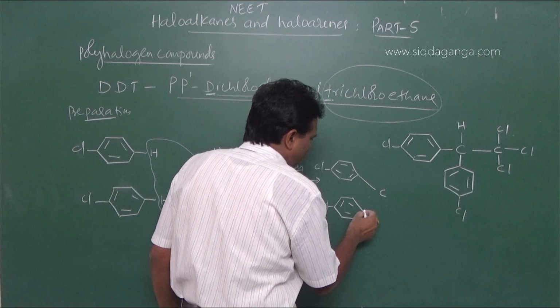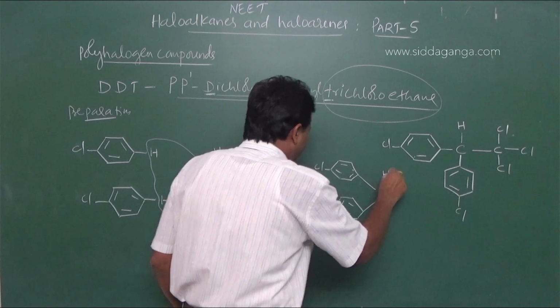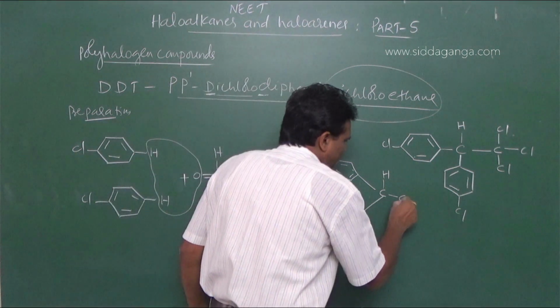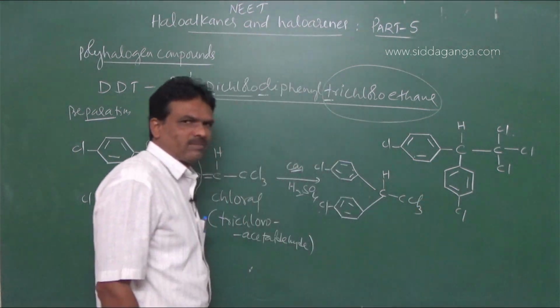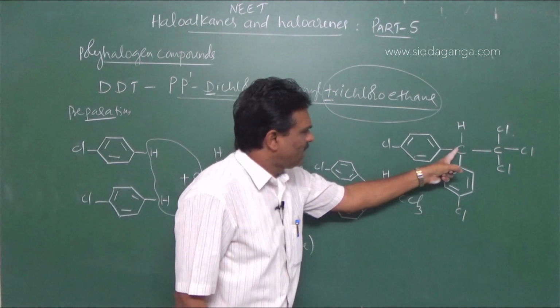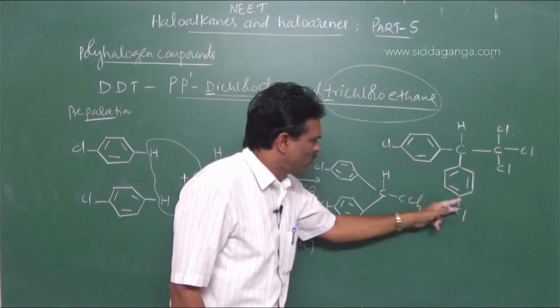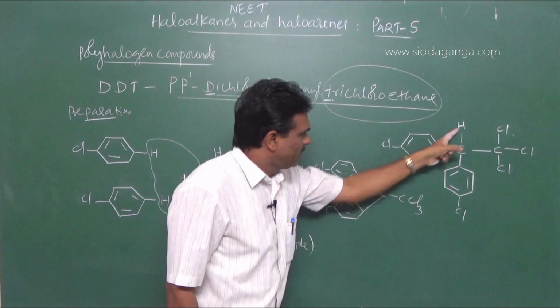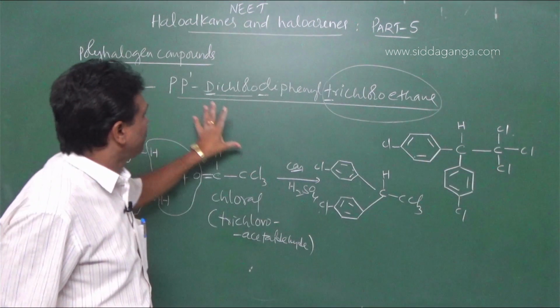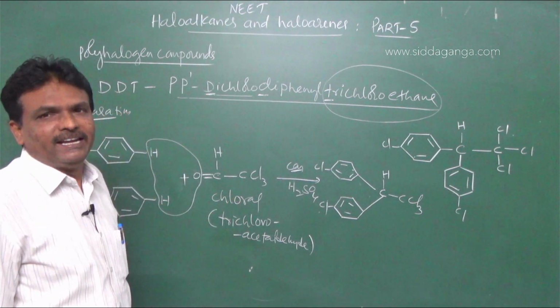One C, here also C, H is there, H and CCl3. These 2 compounds are the same. The carbon has 2 phenyl groups, opposite position 2 chlorines, 1 H, CCl3. So this is the preparation of DDT.